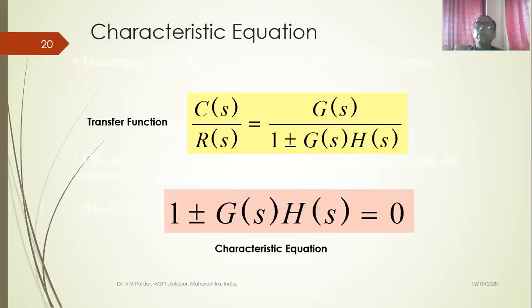Please listen to me very carefully. As a designer, from this mathematical analysis, from this characteristic equation, I can predict for what values of spring stiffness K, for what values of damping coefficient B, and for what values of representative mass the suspension system will operate within the stable range, and when it will become unstable, when it will become critically stable.